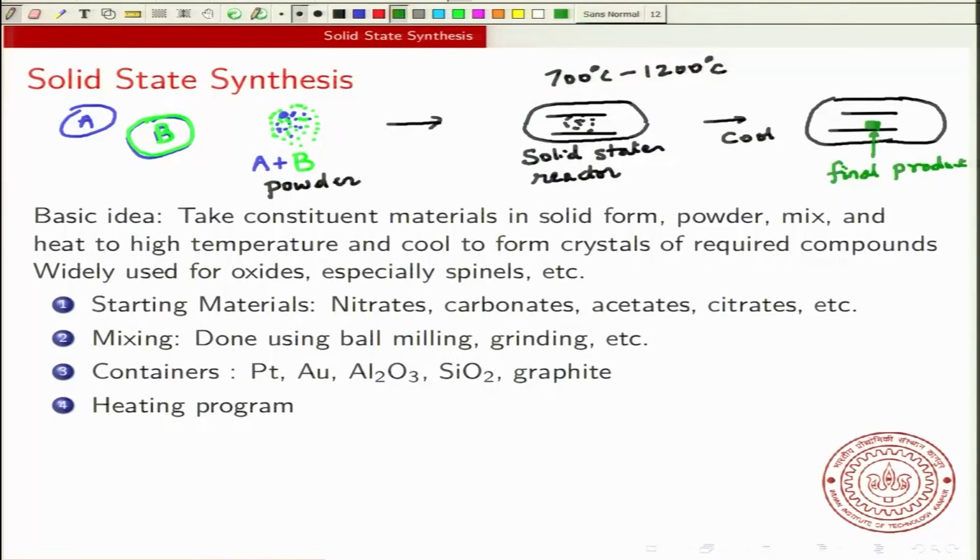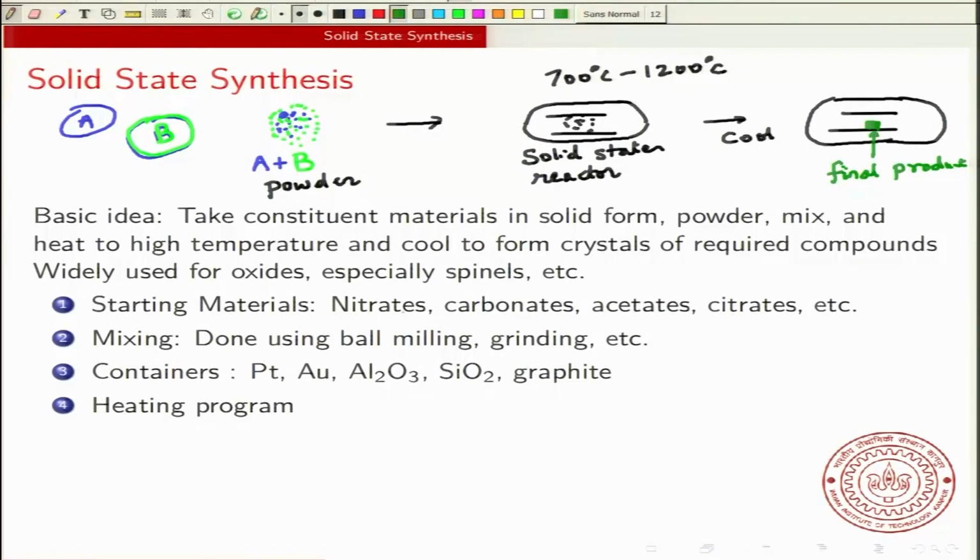Now, there are several questions that are required to be addressed and which are different for each solid state material that you want to synthesize. So, some of the questions are what should be the starting materials that are used. You can use nitrates, carbonates, acetates, citrates, etc. If you are making oxides, then typically you use one of these, and then you heat them.